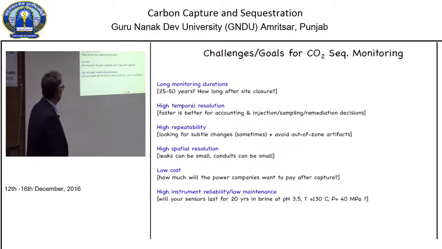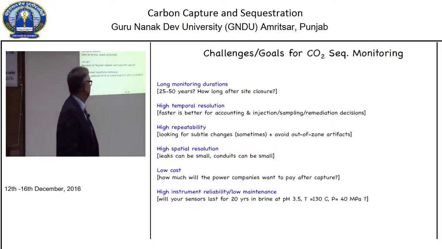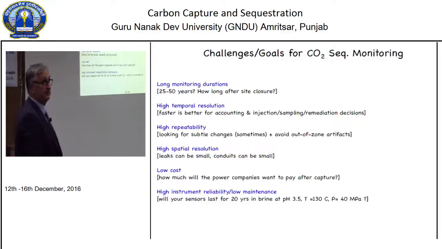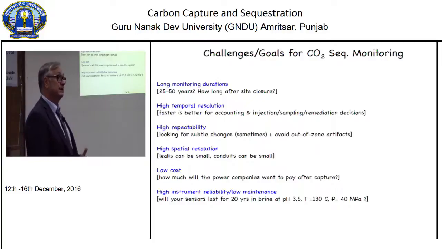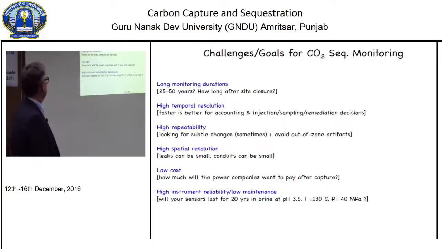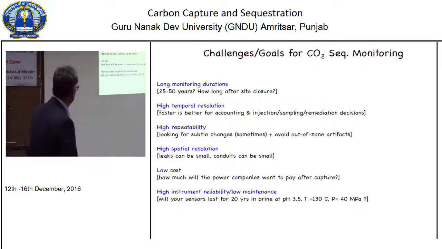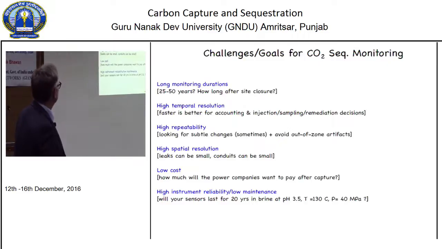And the sensors have to last, for example, underground in brine at a pH of 3.5, 100 and some odd degrees C, and 40 megapascal pressure. So if you're a chemical/electrical engineer and you make sensors, just think of that kind of environment and you recognize how challenging it would be. Nevertheless, there are deployments already of these kinds of monitoring schemes, and they can work.